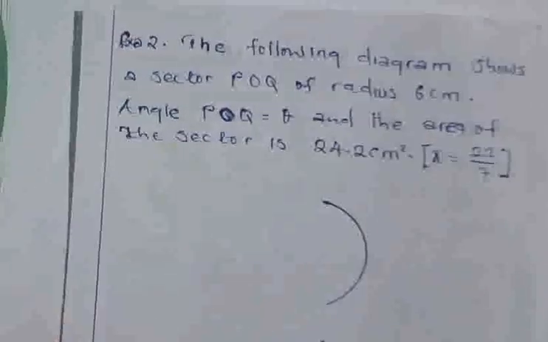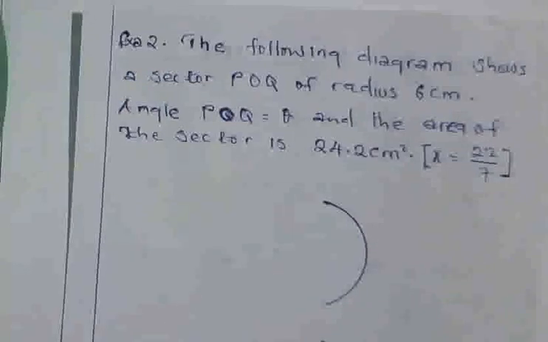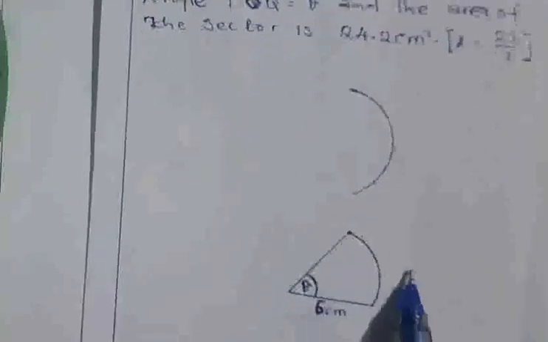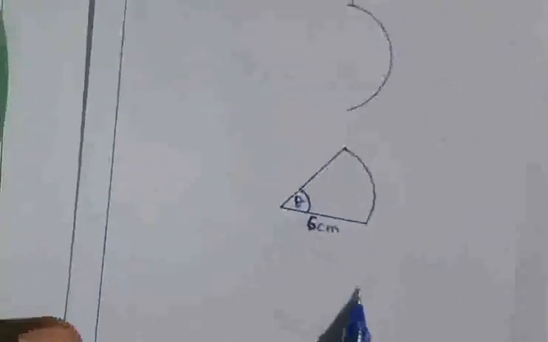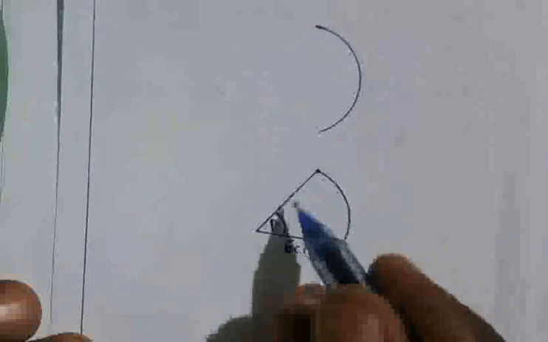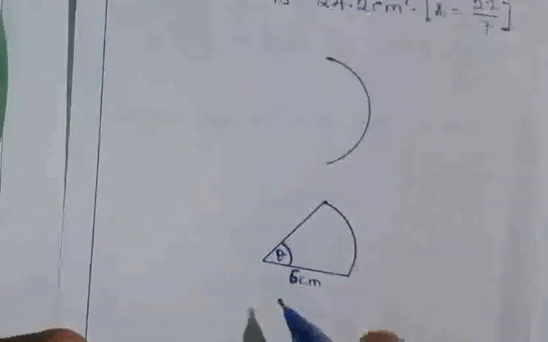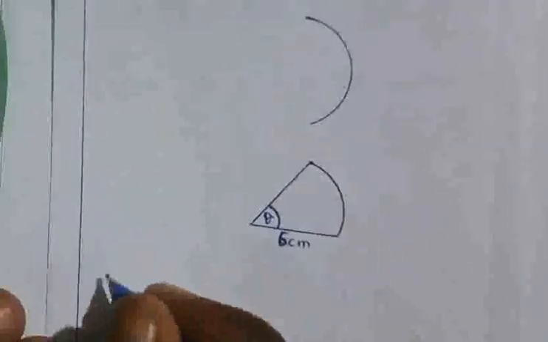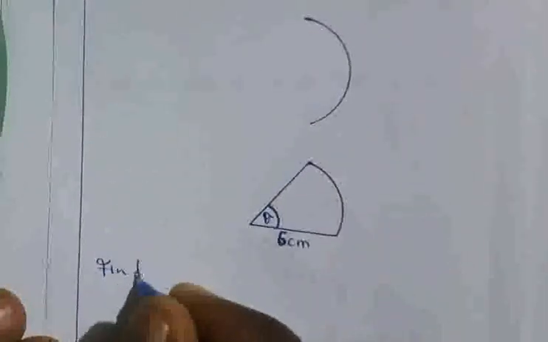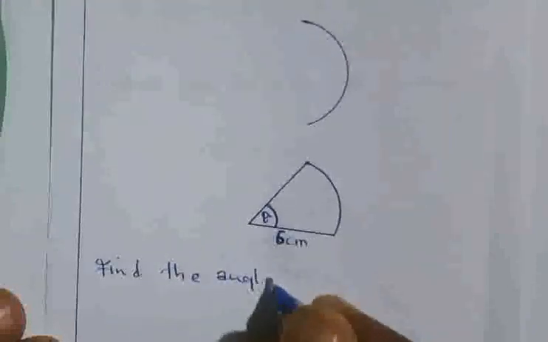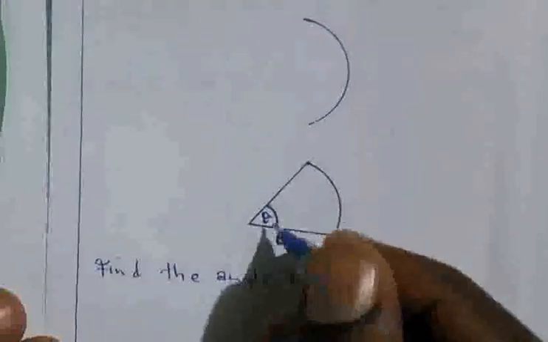Take pi to be 22 over 7. Oh, I did not write the question. The question is supposed to be find the angle theta. Find the angle theta. That's the question. Find the angle theta. This angle here.